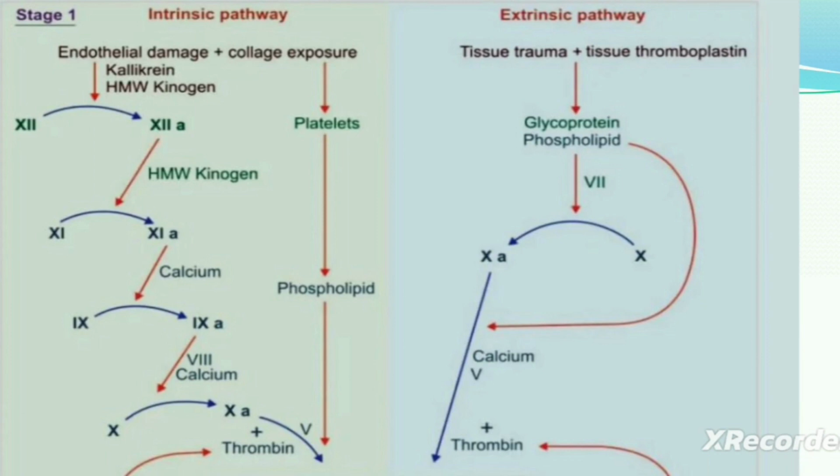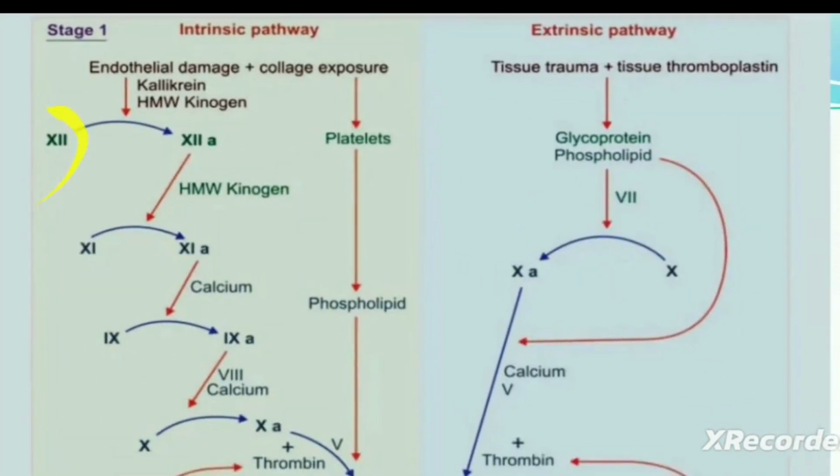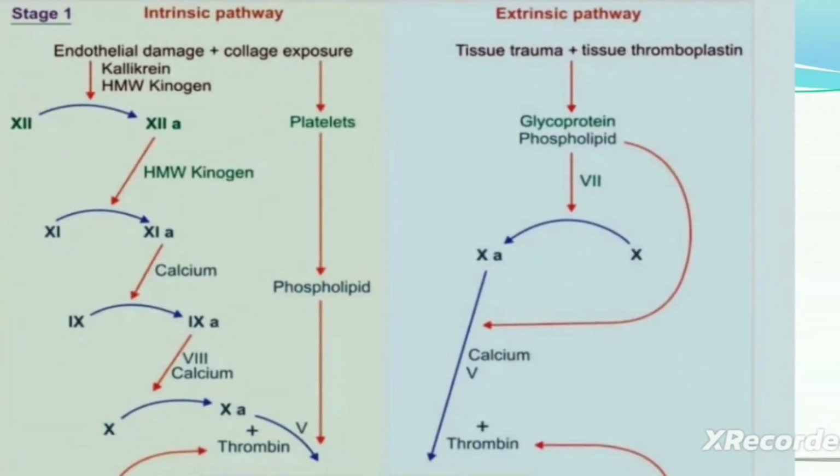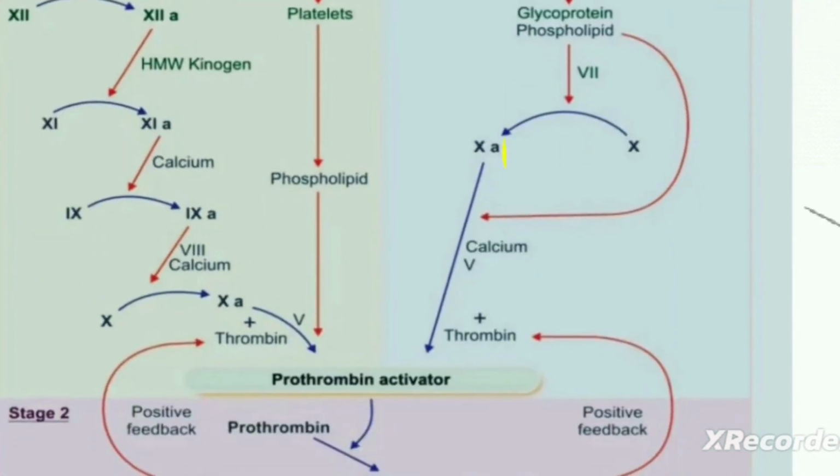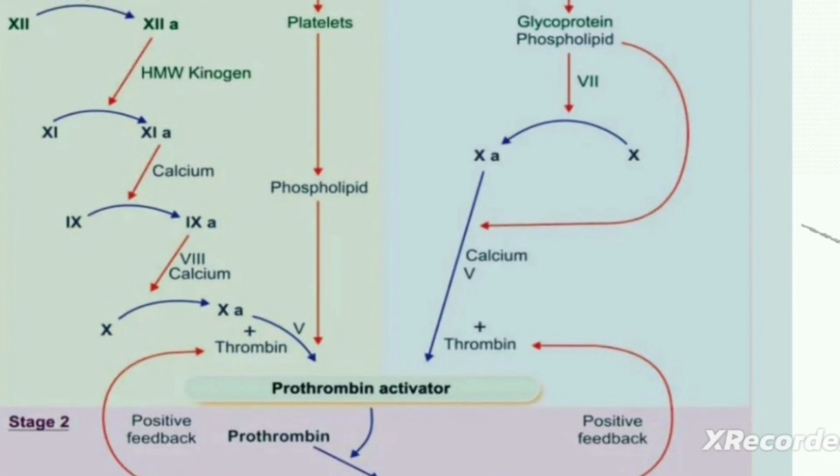Like here you can see, the inactive clotting factor 12 is being changed into the active form 12A. A refers to the active form. Next, clotting factor 11 is converted into the active form 11A. 9 is converted to 9A. Similarly, 10 is converted to 10A.